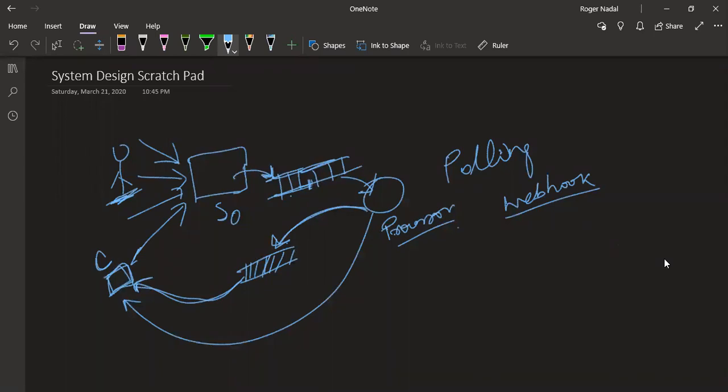We can design that, and I think everybody knows how to build this kind of thing in an asynchronous way. If the processor calls or notifies the client directly, it's done.